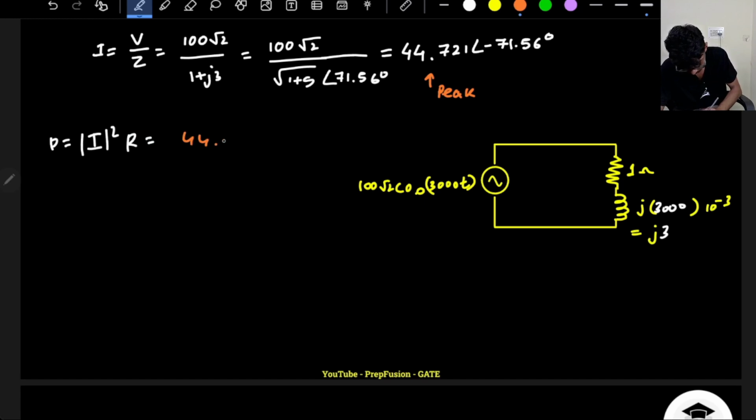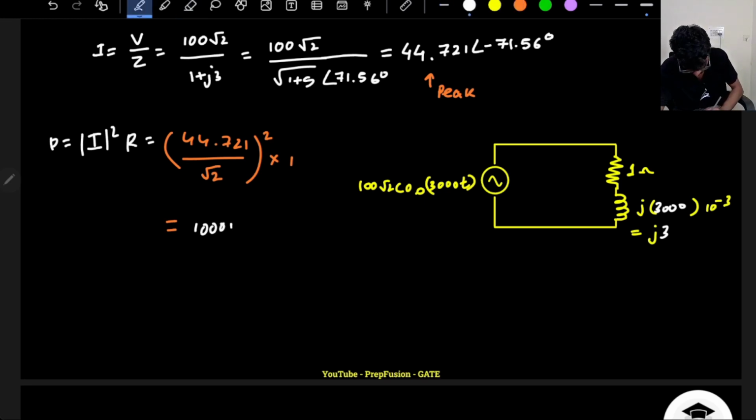So it is 44.721 divided by root 2, squared, into R. R is 1 ohm, so this will be 1000 watts.